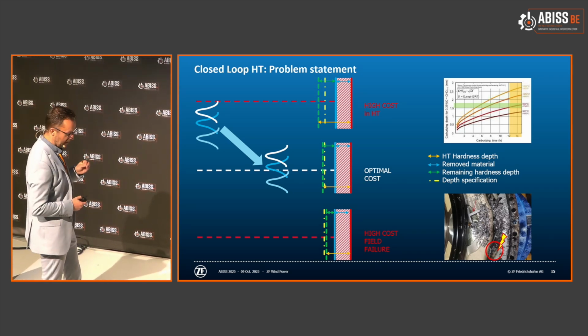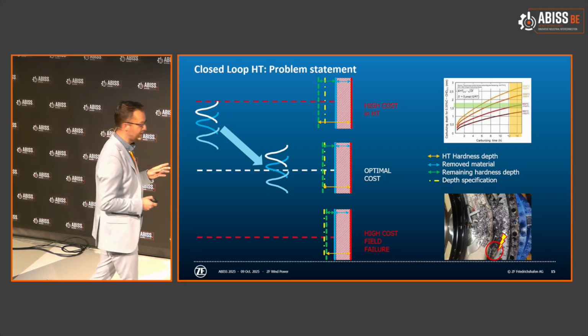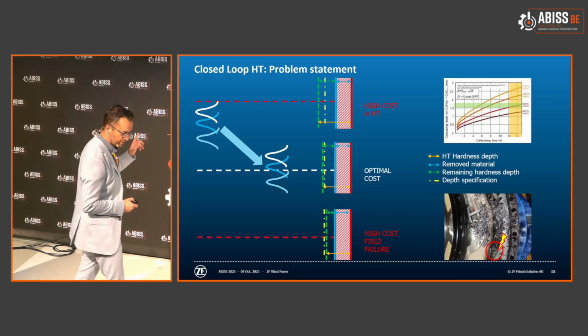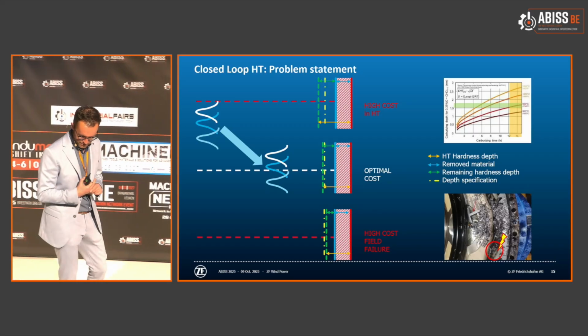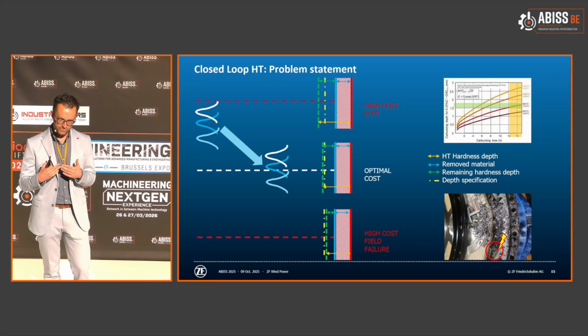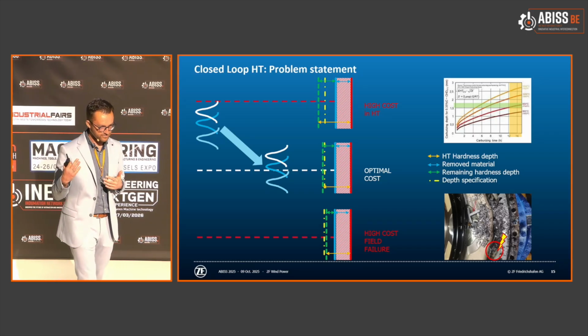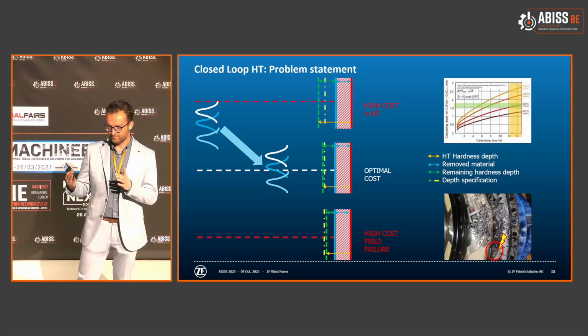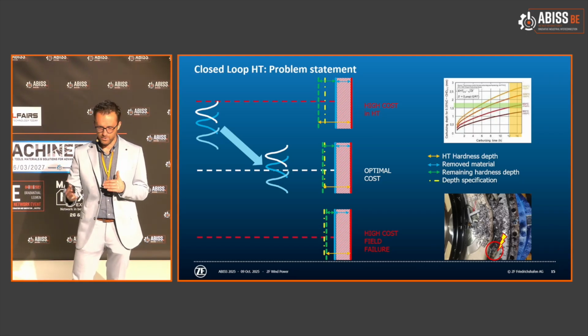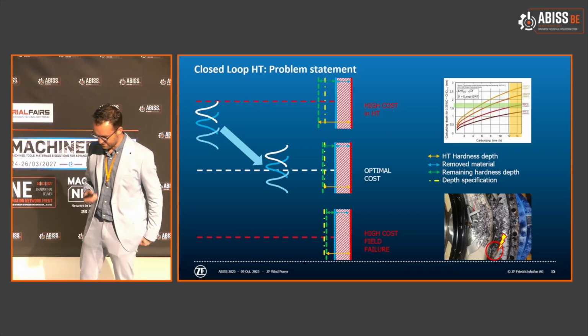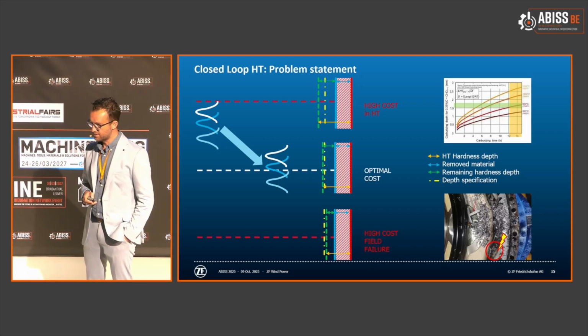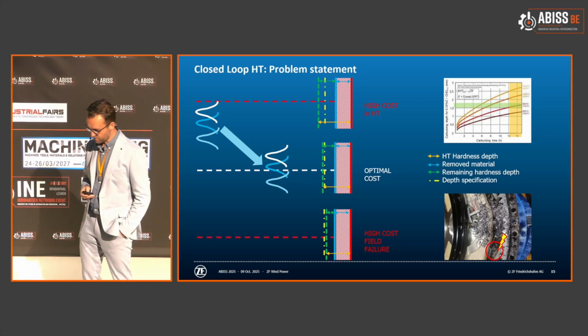So what we had to do is specify our heat treatment process to deal with variation. So the curves, there is variation in the process. And we had to stay at the higher end of the scale, so that if the operator had a highly distorted part and had to remove a lot of material, the hardness depth was still okay. That's basically what we did before we had this process.